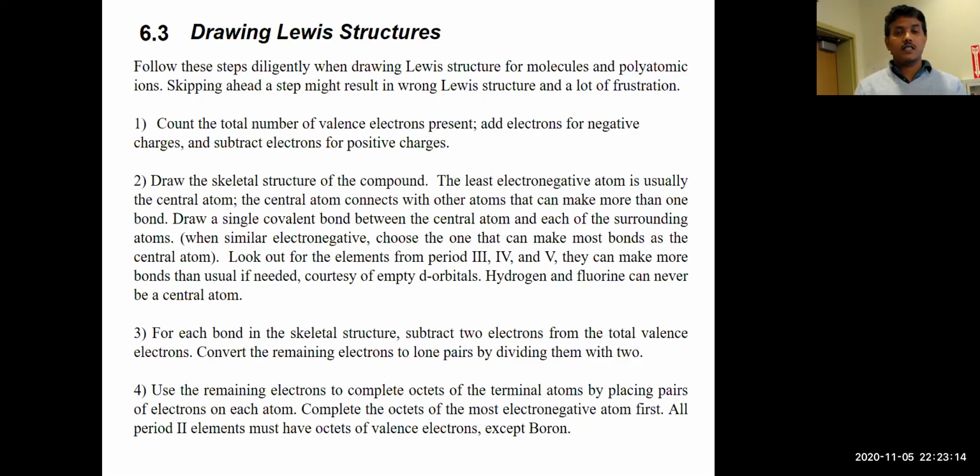Otherwise, you're just setting yourself up for a lot more frustration later. We don't want you to confuse yourself. These are the rules that you must follow when you try to draw Lewis structures. Please, please, please do not try to take shortcuts with Lewis structures until you get really good at it. Trust me, you will get really good at it. But until then, you need to trust me not to take shortcuts.